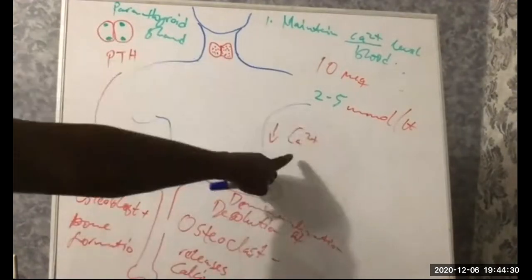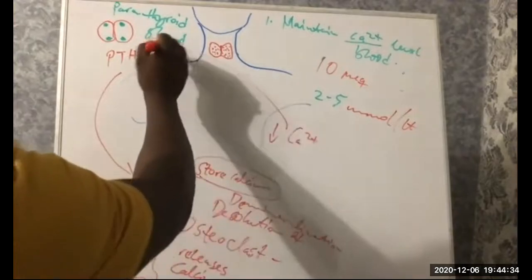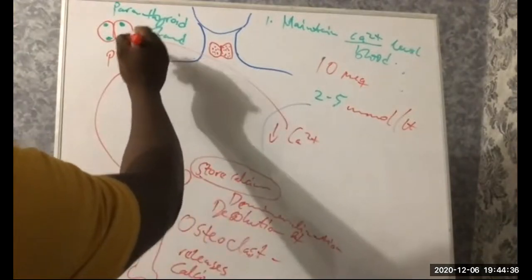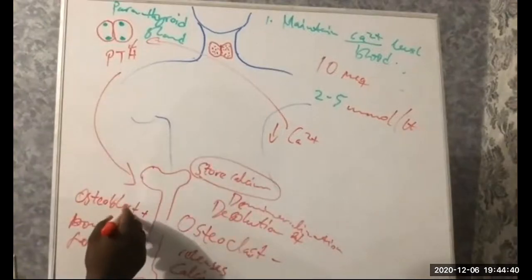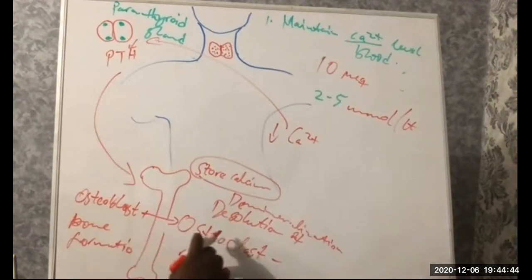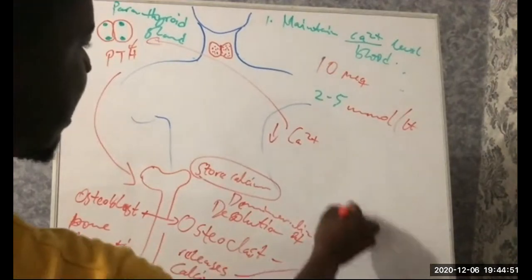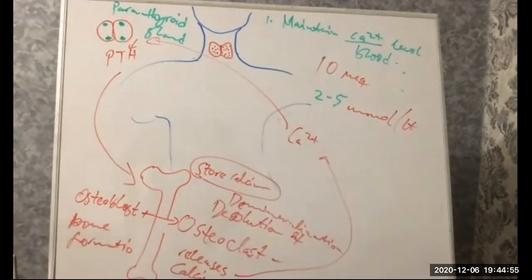So whenever calcium level is down, it signals the parathyroid gland. The parathyroid gland will release parathyroid hormone. Parathyroid hormone will first stimulate osteoblast, and osteoblast will stimulate osteoclast, so that osteoclast will start dissolving the bone to release calcium. Once it releases the calcium, it goes back into the blood to correct the calcium level.